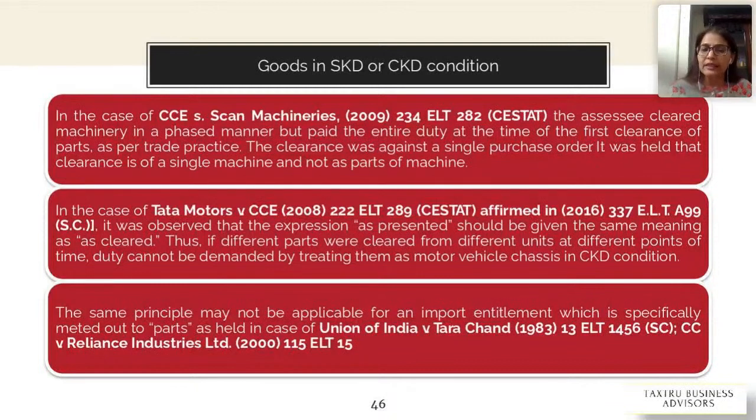It was held that the clearance is of a single machine and not of parts of a machine. The consignment may be coming in pieces or at different stages of time, but as they have charged it as a complete machine and not as parts of a machine, this is the judgment we have seen.